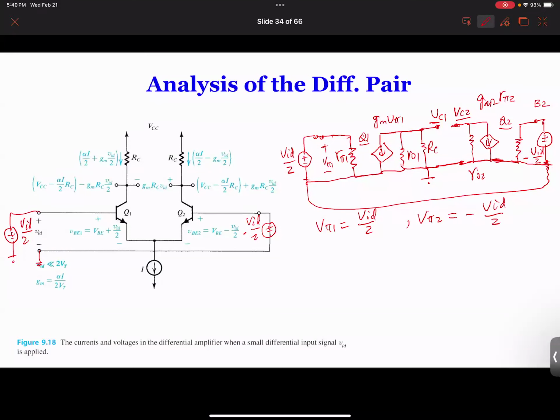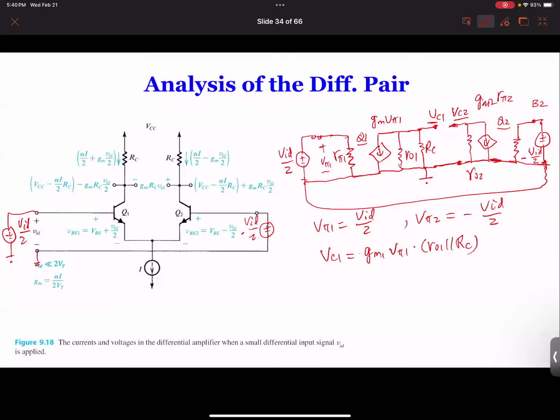Okay. So then let's look at what is VC1. VC1 is going to be gm1 times vπ1 times that resistance in parallel, which is ro1 in parallel with RC. And don't forget the negative sign.